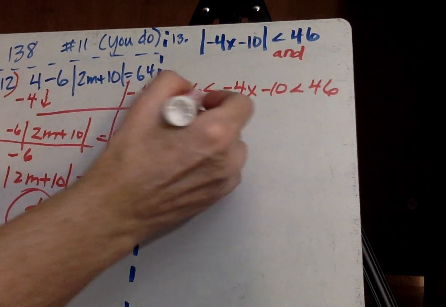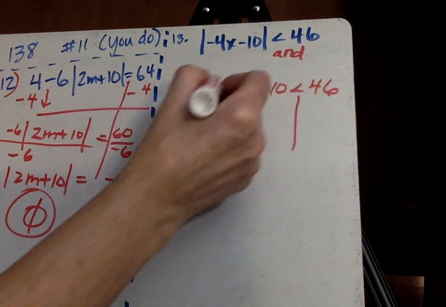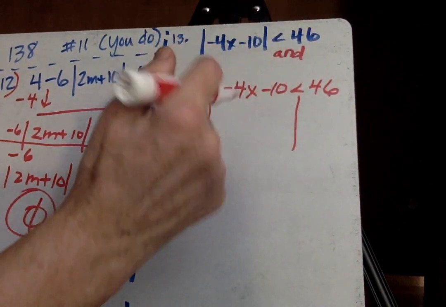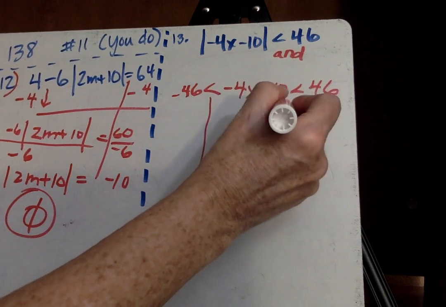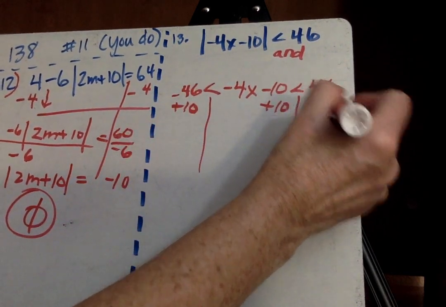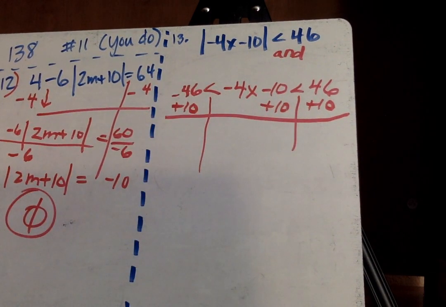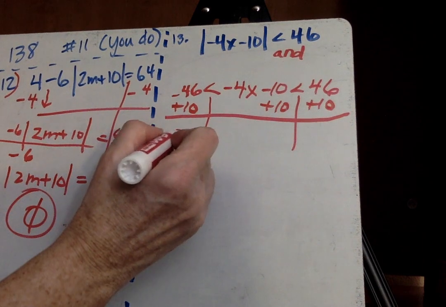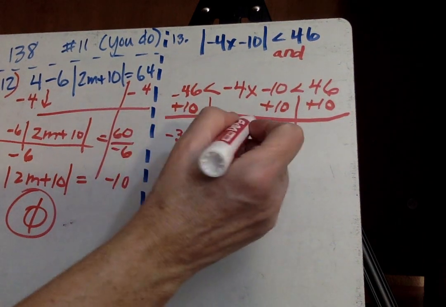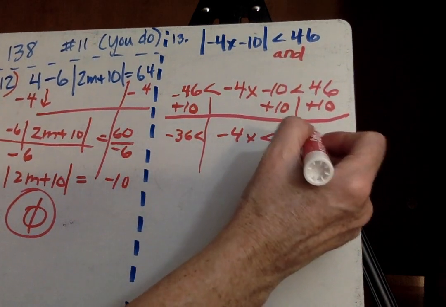Next, I'm going to put lines down the inequalities. I'm going to focus on the middle, solving for x here. So I'm going to add 10 to here, add 10, add 10. Negative 46 plus 10, negative 36, negative 4x, less than 56.